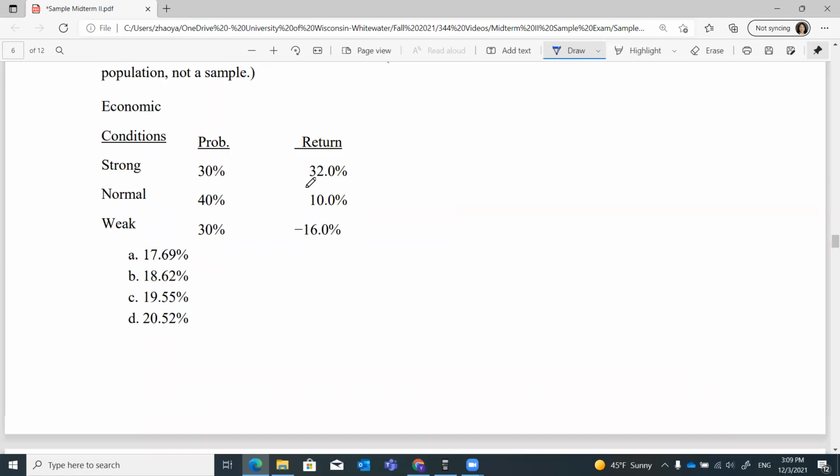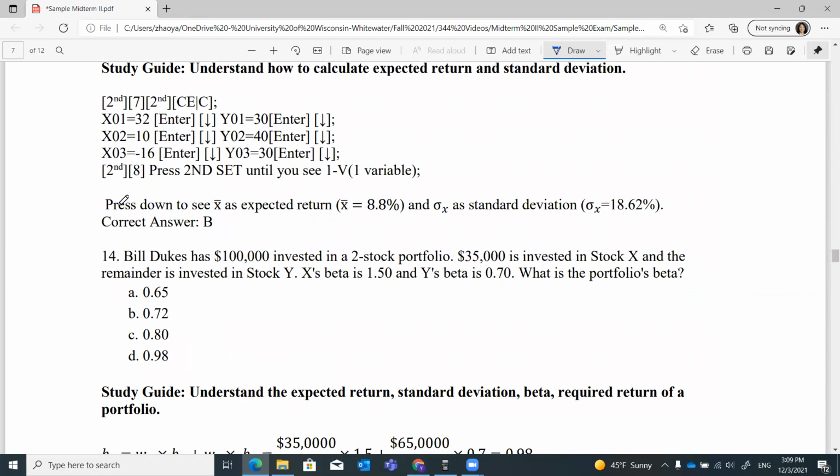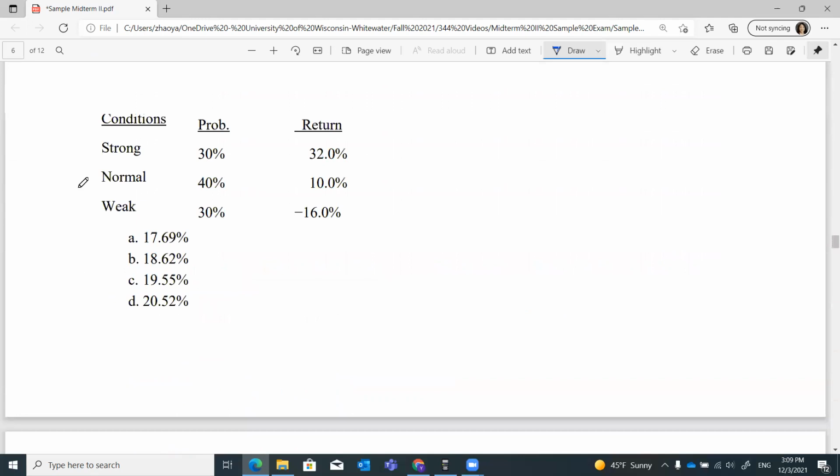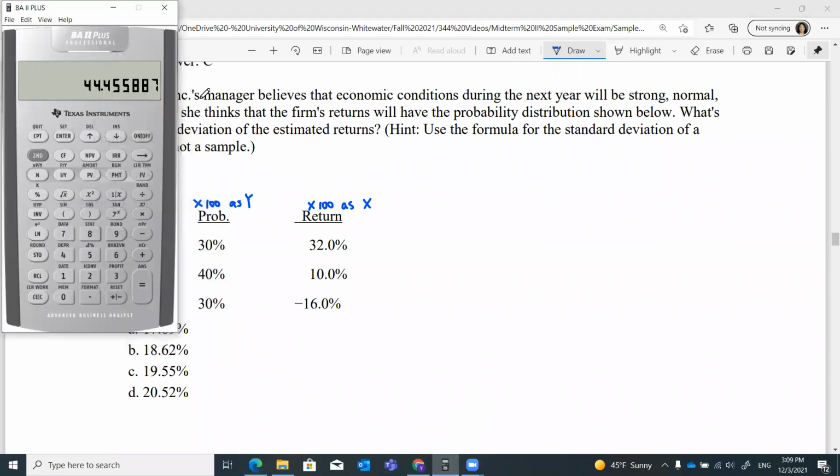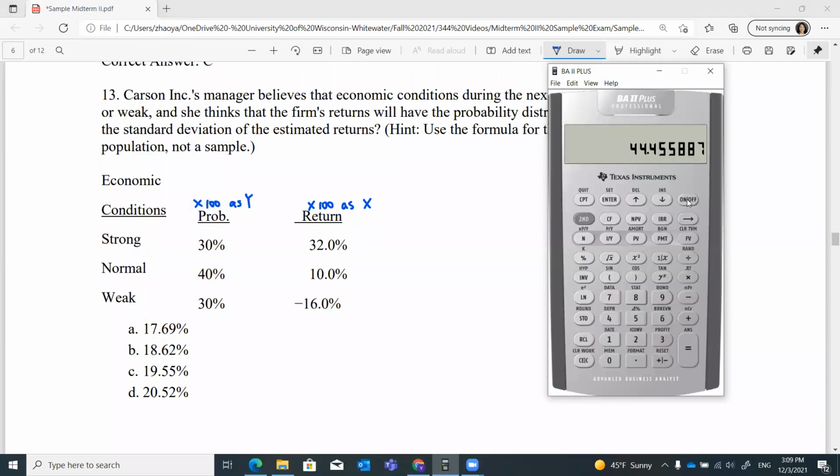So I put the financial calculator over here. You can definitely follow the calculation procedure, but I'm gonna show you here. So remember, we're gonna put return times 100 as X, probability times 100 as Y. We press second data, clear the previous work by pressing second CLR WRK.